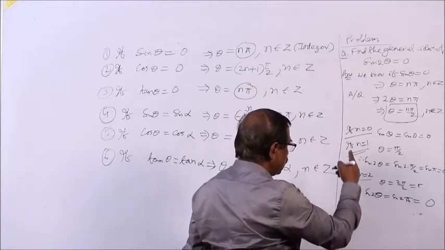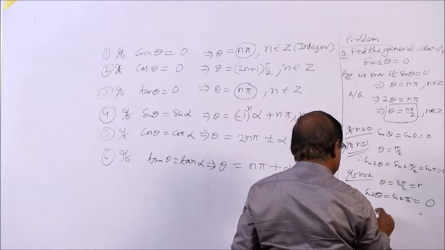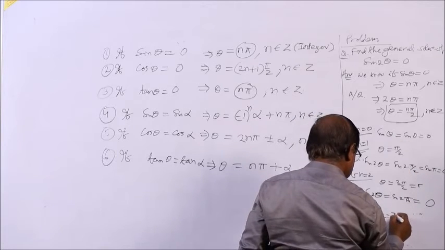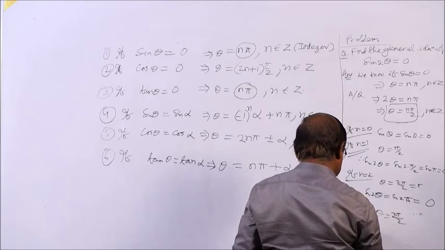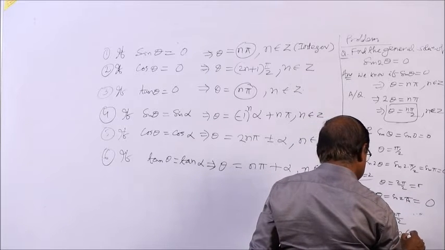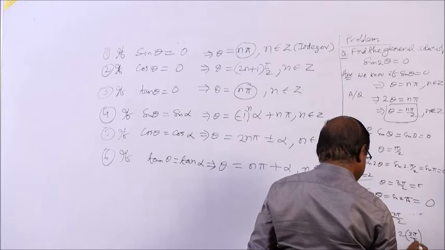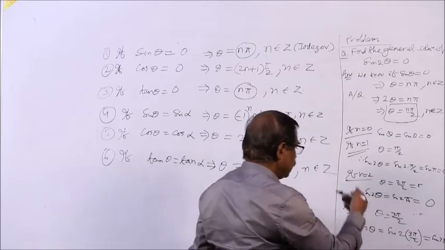If n is equal to 3, theta is equal to 3 pi by 2. Therefore sin 2 theta is sin 3 pi, that is 0, like this.